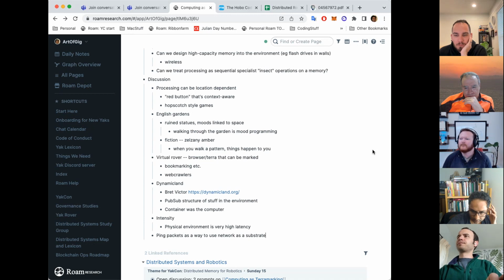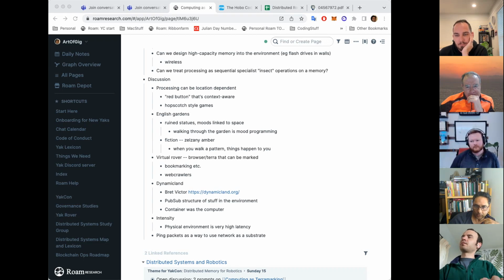Something just occurred to me. You said that you should not think of the physical environment as low bandwidth, but just high latency. But I think it also is low bandwidth in a specific sense, which is if you look at the information content of, say, a square centimeter of soil, there's actually a huge amount of information there.